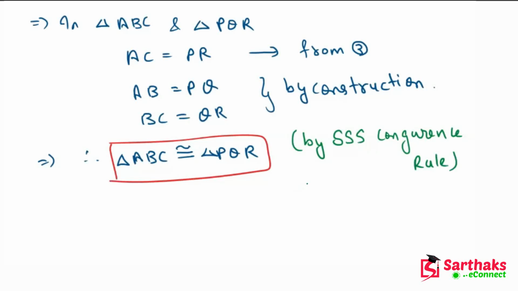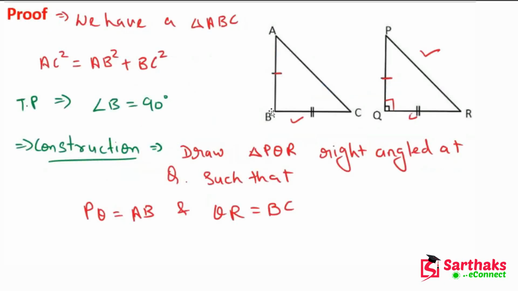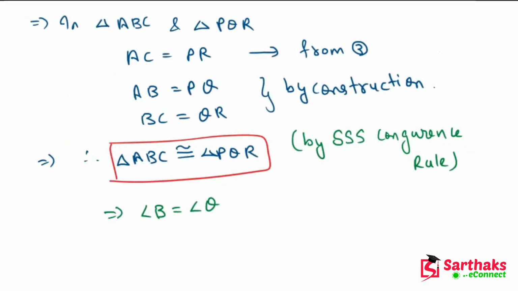I hope you get this point. So now we can say that angle B is equal to angle Q, by CPCT, meaning corresponding parts of congruent triangles. Now we know that angle Q is equal to 90 degrees by construction.